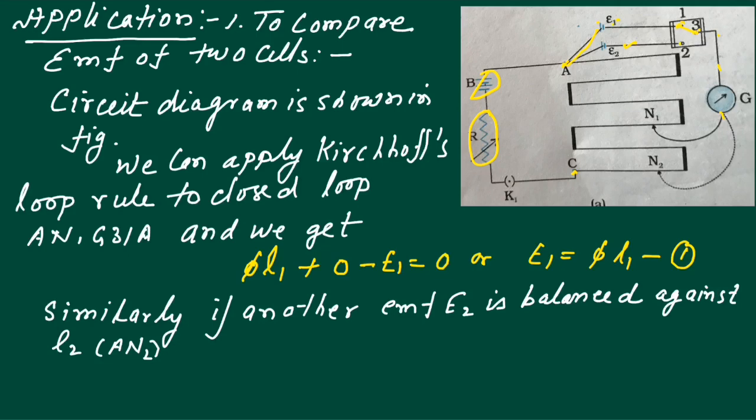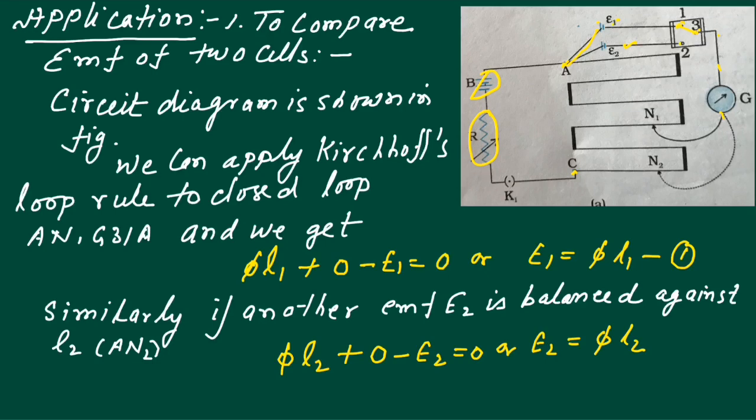Similarly, if another EMF E2 is balanced against L2, and this point is obtained between A and 2, therefore we can write phi L2, plus 0 for the galvanometer as no current is flowing through it, minus E2 equal to 0, or we can write E2 equal to phi L2.